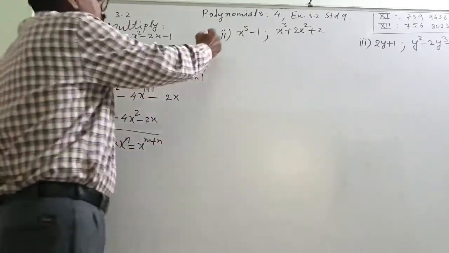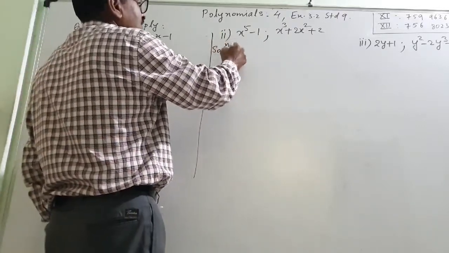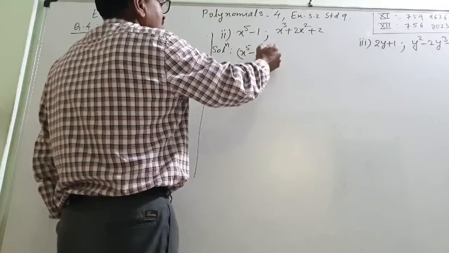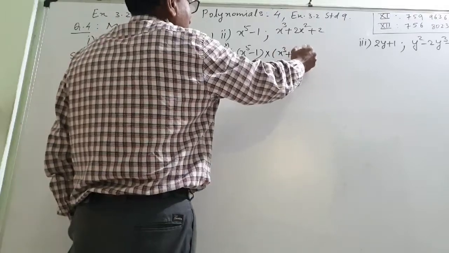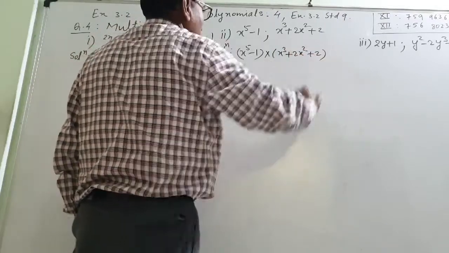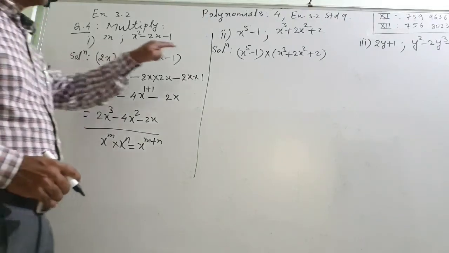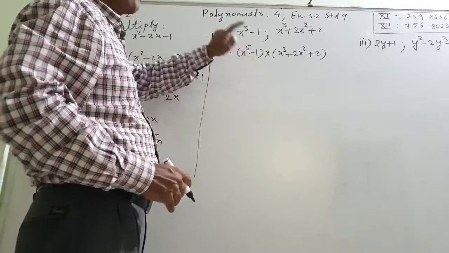Now here this I want to write solution: x raised to 5 minus 1 into x raised to 3 plus 2x square plus 2. Now here it was only the single term to multiply. Here there are two terms, by x raised to 5 and then by minus 1.